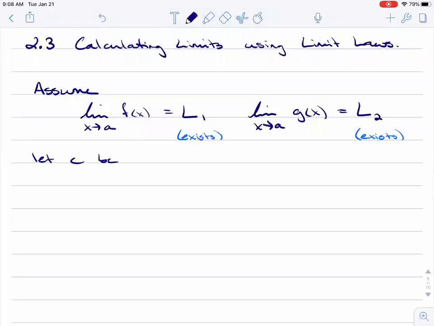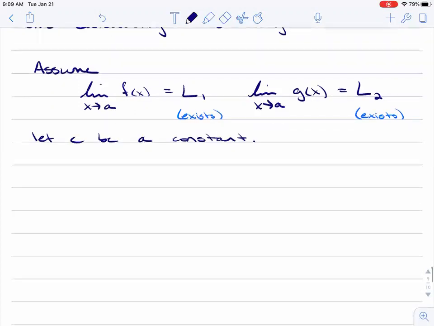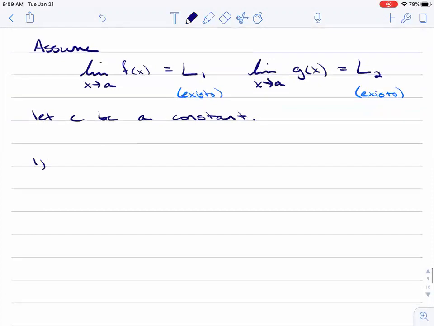Let C be a constant. Then our first limit law is going to be, well, the limit as x approaches a of f of x plus g of x.